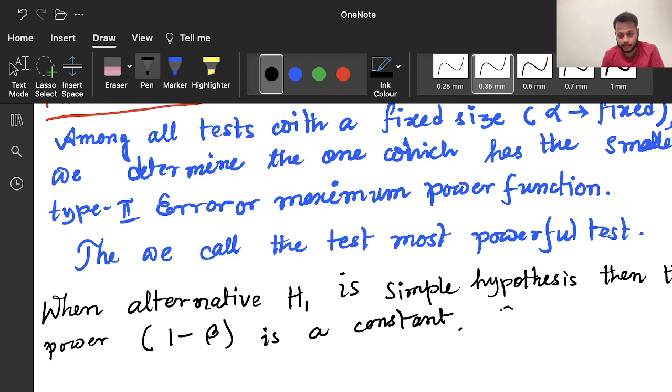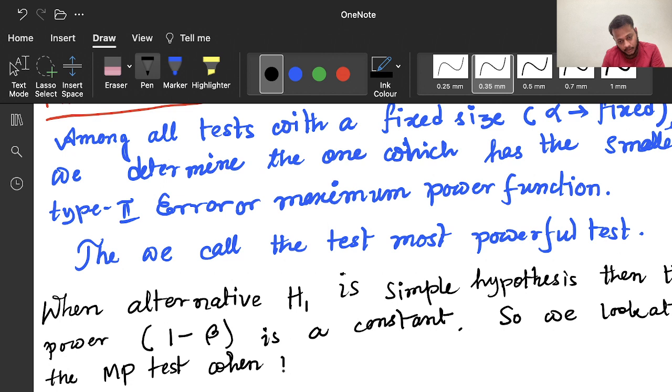So we look at the MP test, the most powerful test, when H1 is composite.